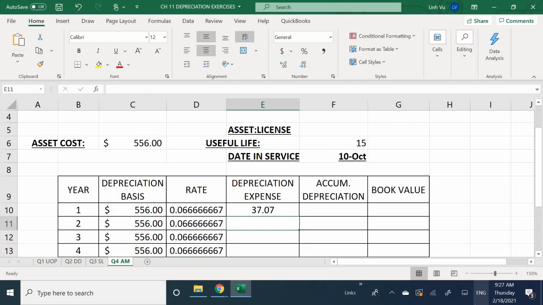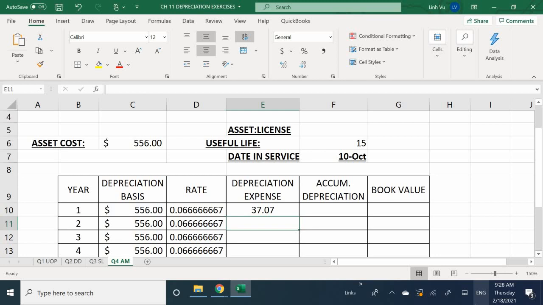Can we take 37 and 7 cents off for the first year? No. Why? Because it was only depreciated for 3 months. October, November, December is 3 months.